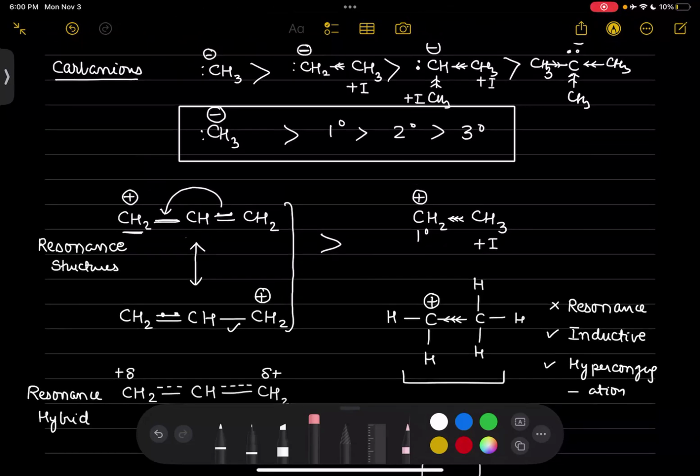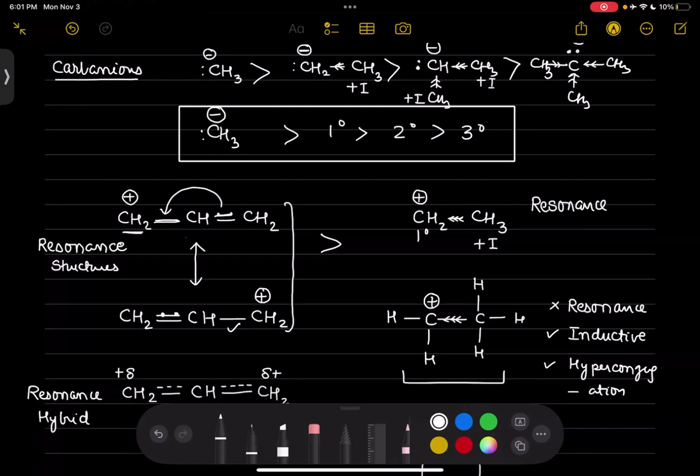So which cation is more stable? The extent of stabilization is more by resonance, then hyperconjugation, and then inductive.